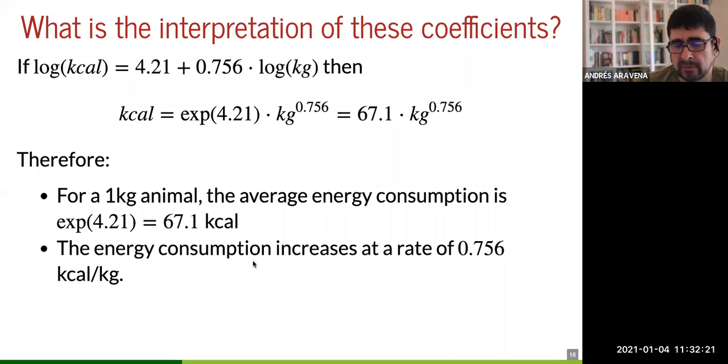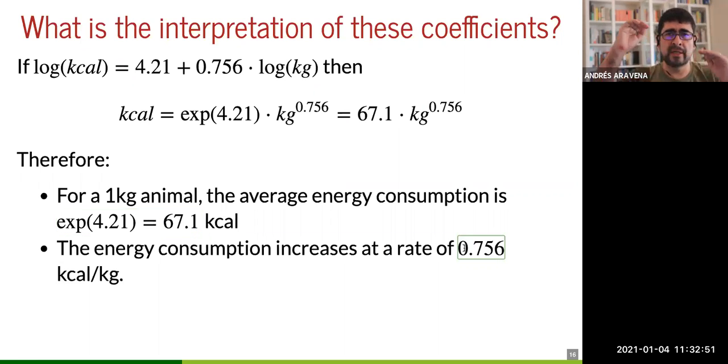Kilocalories per kilo. Okay. But then this is the result that is called the Kleiber law. The energy consumption rate does not increase linearly with 1 kilo. If you get 1 kilo, you don't get 67.1 kilocalories. You get less.